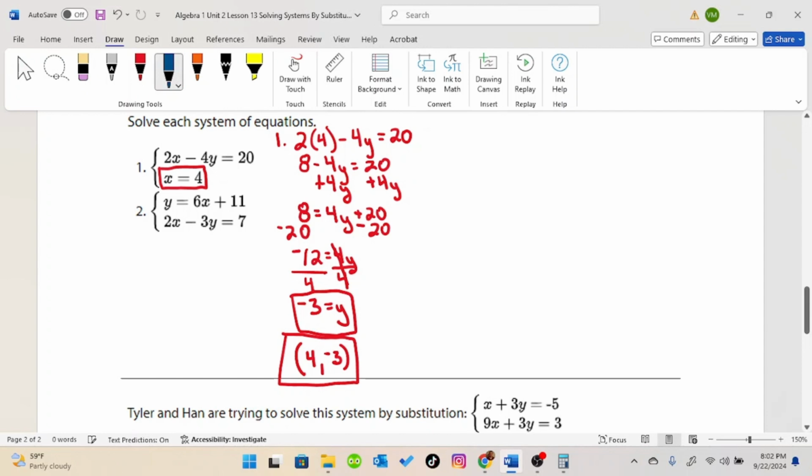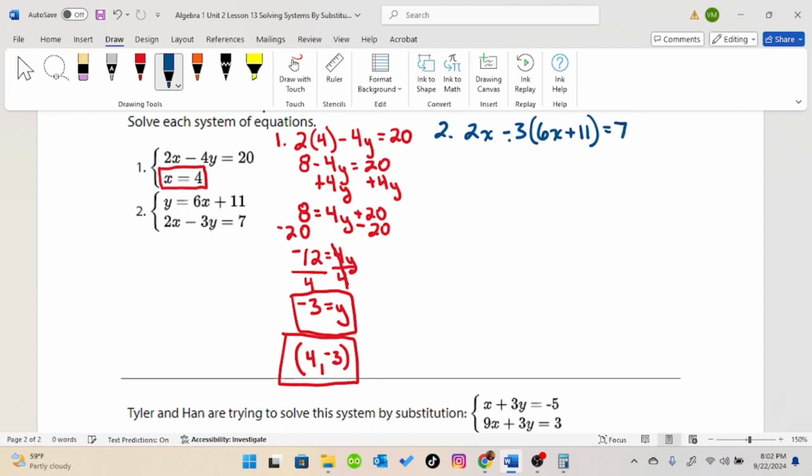Next, we'll look at number 2. You notice the top equation is already set up to solve for y. So we're going to substitute 6x plus 11 into the bottom equation where y is. So we're going to have 2x minus 3 times, and this is where we substitute in 6x plus 11, equals 7.